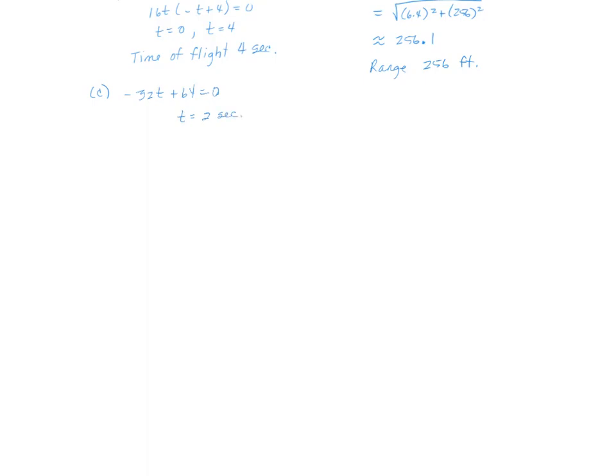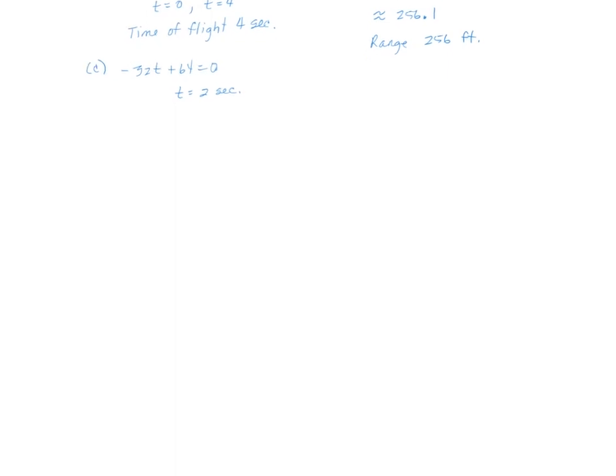So that's when we have maximum height. But again, remember the maximum height is going to occur for the z value of the position function. So we're going to have a max height when negative 16t squared, where t is 2, so negative 16 times 2 squared plus 64t, so 64 times 2. So when we compute this, we get 64, and the units are feet, and that's when we have our max height.